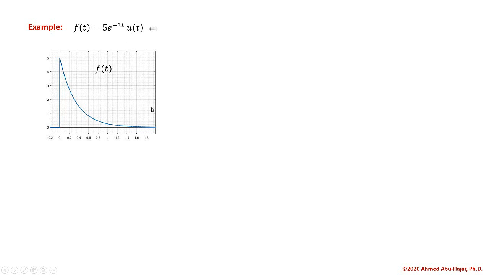Then its transform, f of s, will be 5 over s plus 3, because 5 is the amplitude and the exponential decaying coefficient, which is 1 over tau, is negative 3. So the transformation will be 5 over s plus 3.